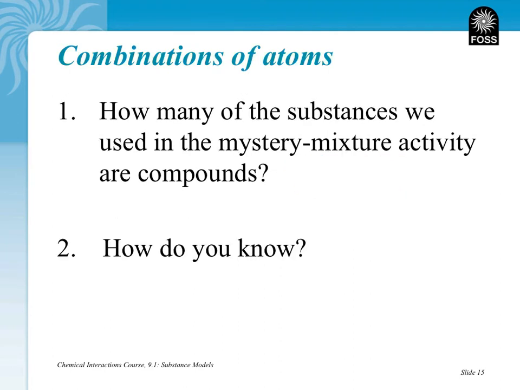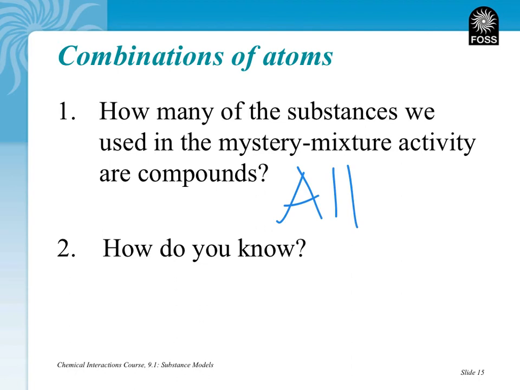Let's go back to the mystery mixture. How many of the substances we used in the mystery mixture activity are compounds? Well, think about it. Ascorbic acid, sodium bicarbonate, calcium chloride, sucrose, dextrose, all those different ones. None of them were an element on their own, so all of those were compounds.